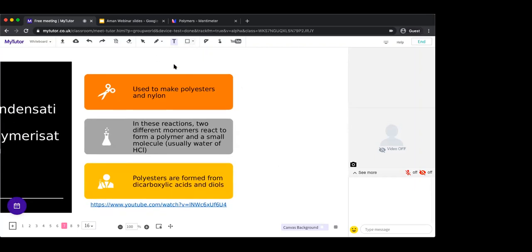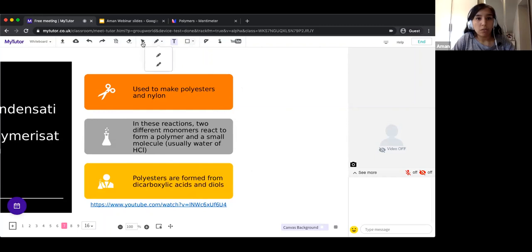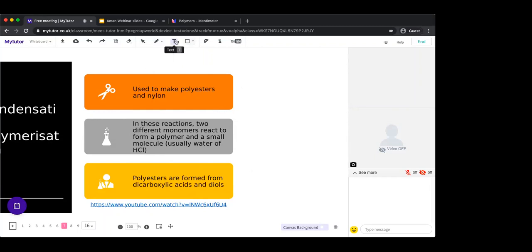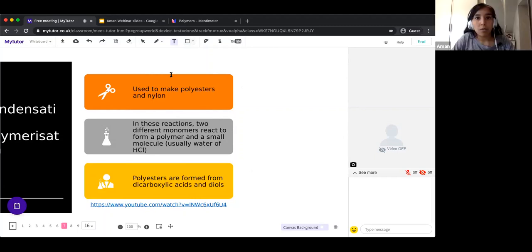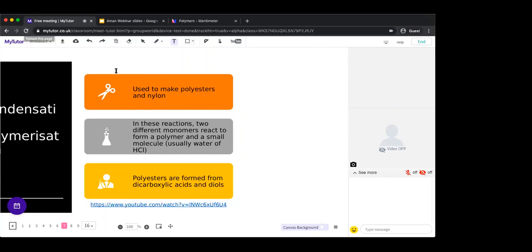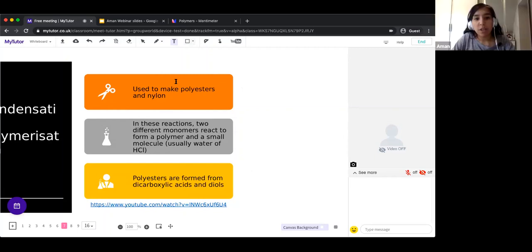It's not letting me draw on the screen or type on the screen. Oh, strange. Will you be able to leave and rejoin the lesson space? No, because we don't have another free meeting. I don't think it will let me do that. Okay, just bear with me one second. It's fine if not, I can just talk through it.